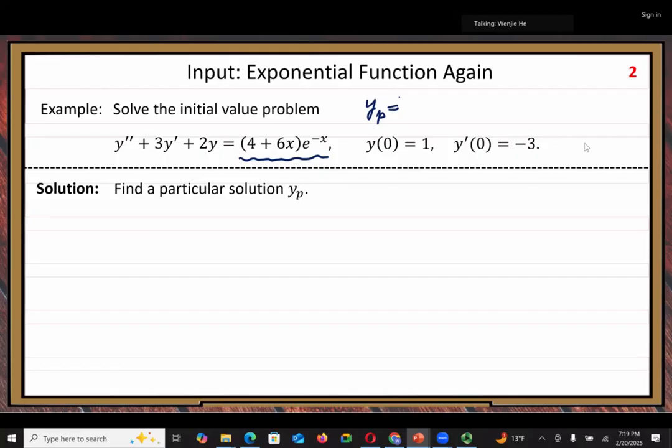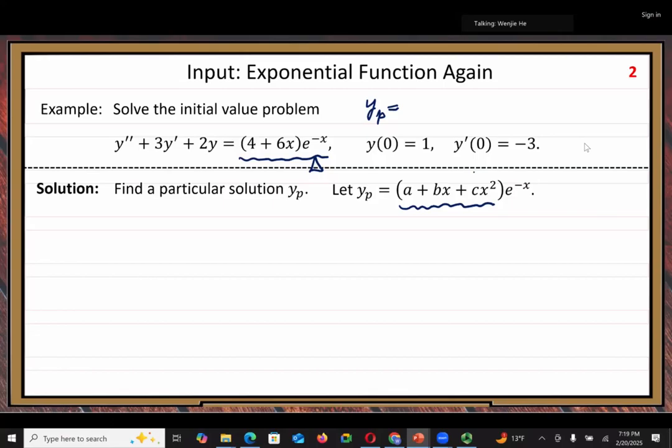So here, for YP, the undetermined part, first we use that E function part. But before that E function, this time we select A, B, C, an undetermined quadratic polynomial.